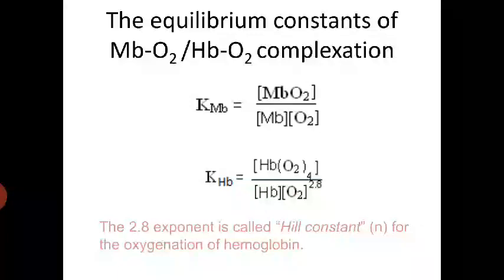So here we have a different constant, and this exponent is called the Hill constant. So actually we can write it as n, as the number of subunits is 4. For this particular respiratory pigment, we can write it as 2.8. So for oxygenation of hemoglobin, we write it as 2.8.